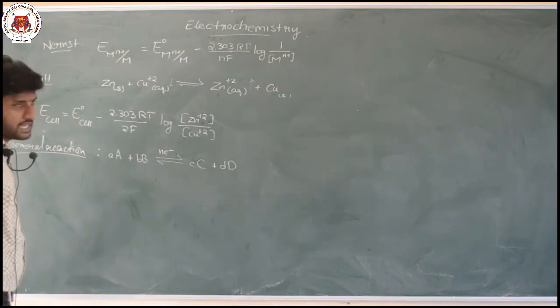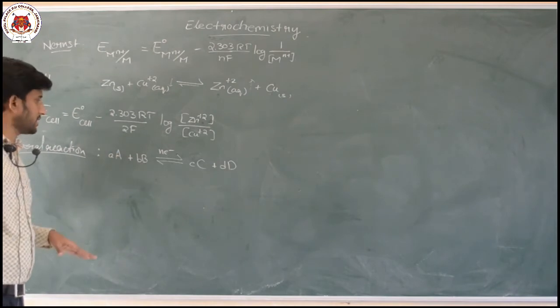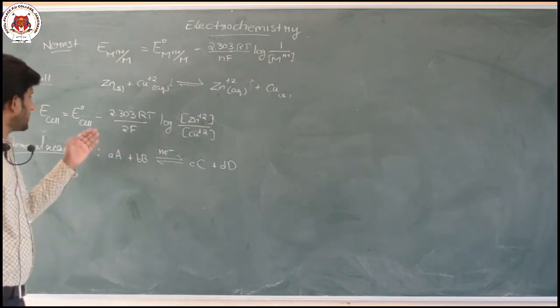Not only the Daniell cell, for any other electrochemical cells, you can write the general equation in this form.